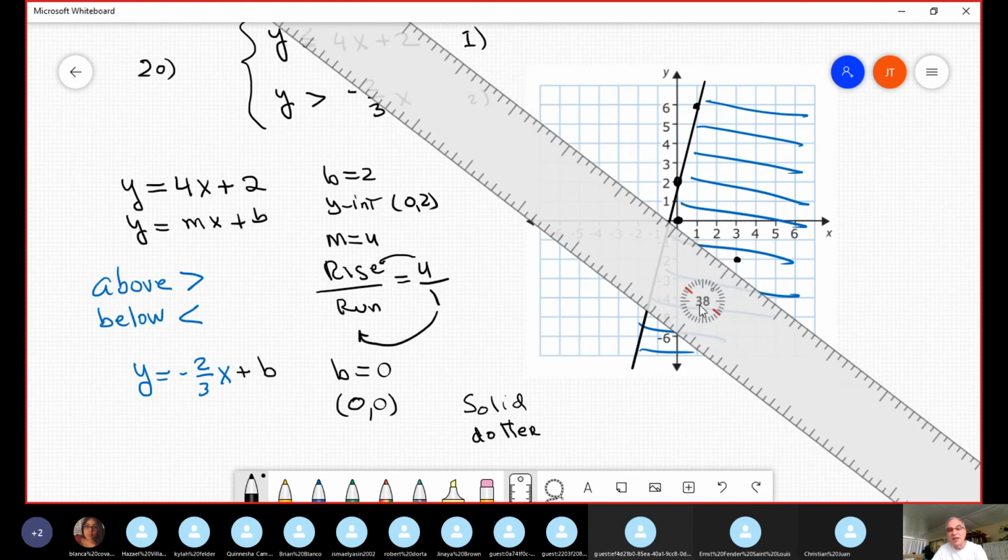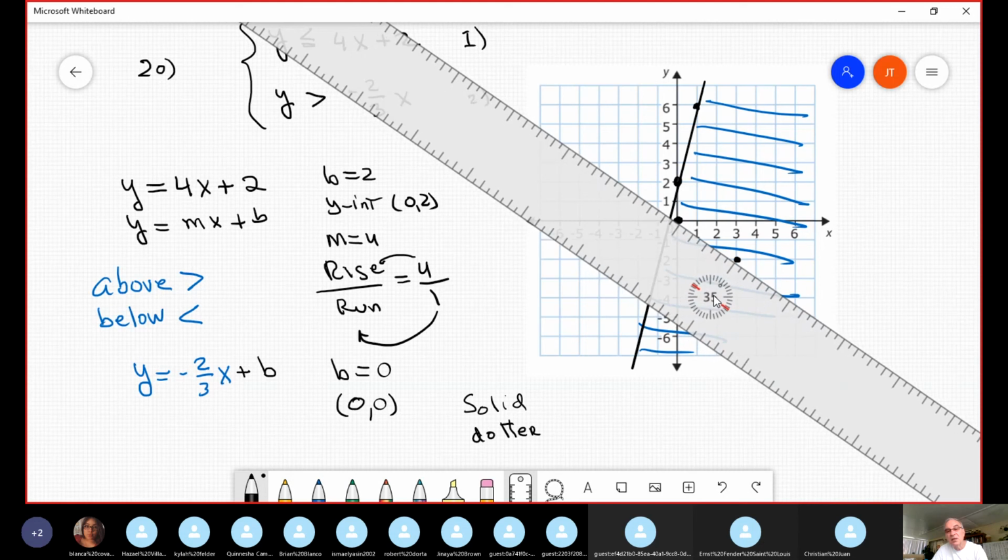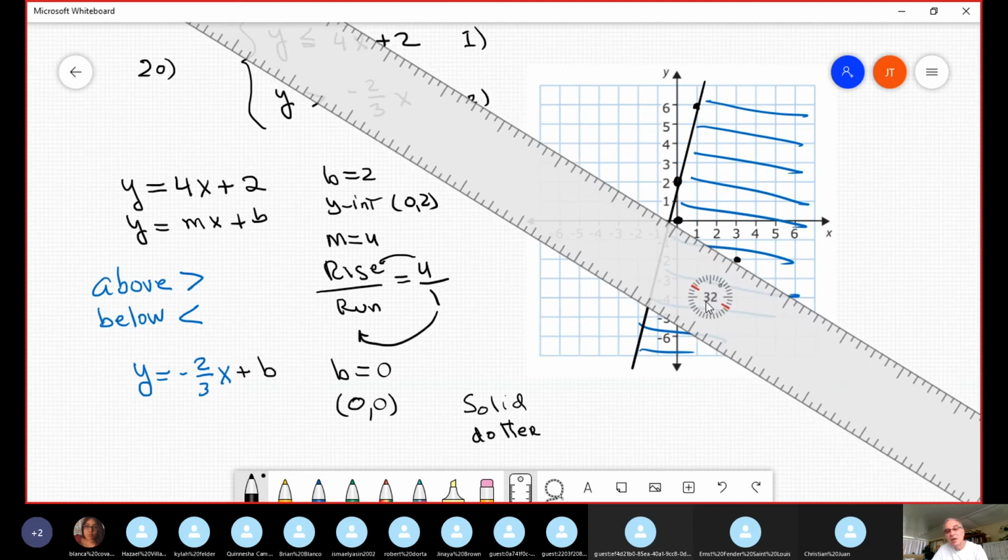Believe me, I understand that it's a dotted line. No equal. No equal is dotted.